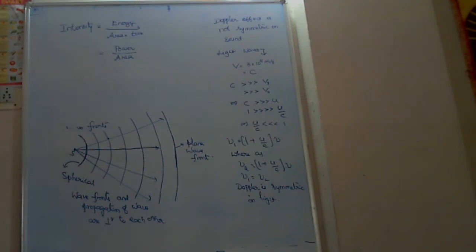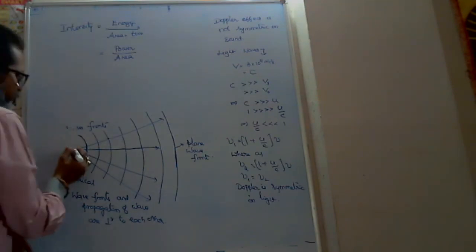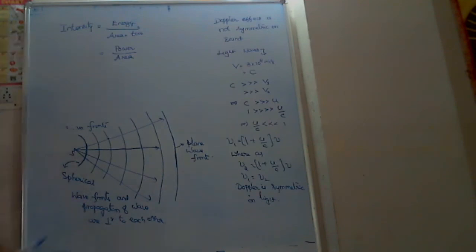Generally for any source, like a light source, they print values like this is a 32 watt bulb, even LED bulbs, a 60 watt bulb, a 100 watt bulb. Generally they print the wattage, the power value.